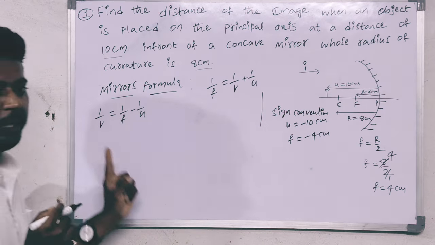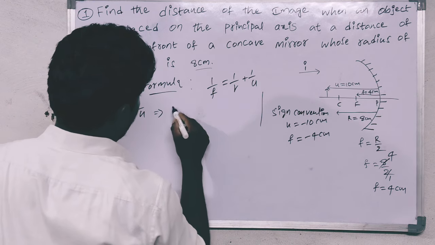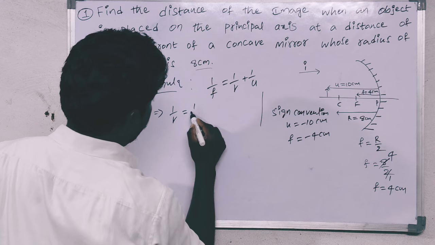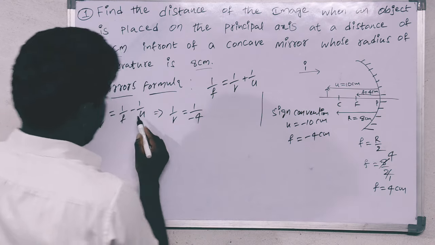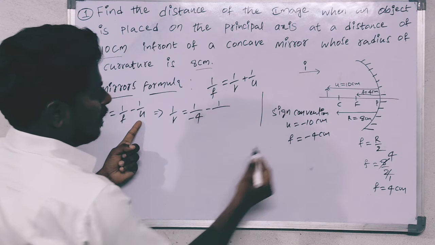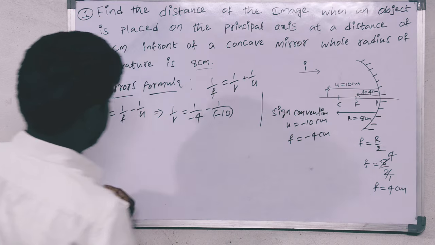Now substitute the values. 1 by V equals 1 by focal length, which is minus 4 centimeters, minus 1 by U, which is minus 10 centimeters.